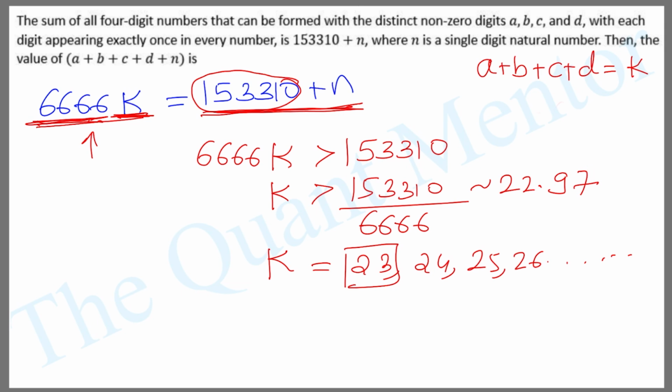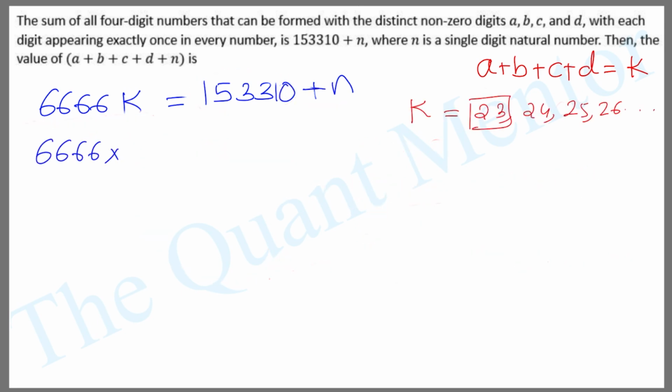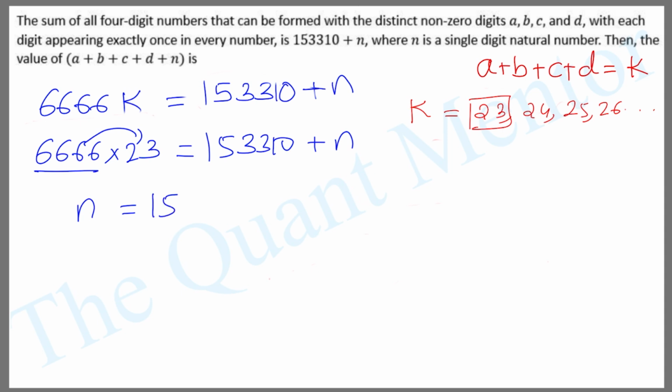Now the minimum value k can take here is 23. Let's substitute this 23 in this equation. We'll get 6666 into 23 is 153310 plus n, or from here I will get n is 6666 into 23 minus 153310. For this we are going to use the on-screen calculator. It will be 153318.